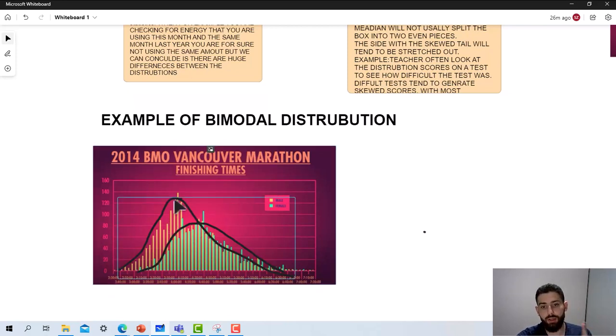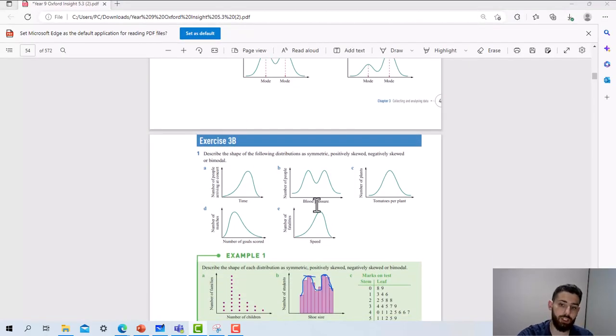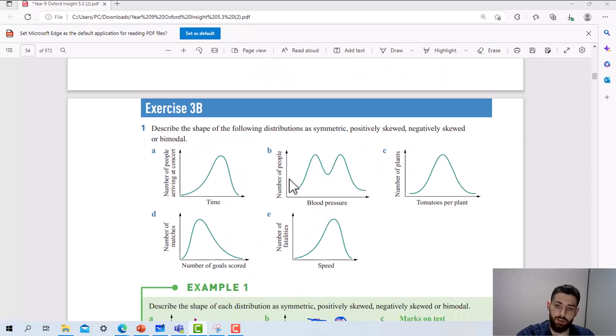So we have two high frequencies. Another example can be blood pressure. Here we have two modes. The blood pressure can go to 120 and then can rise to 140, for example, during activity, and then can go down when you rest.